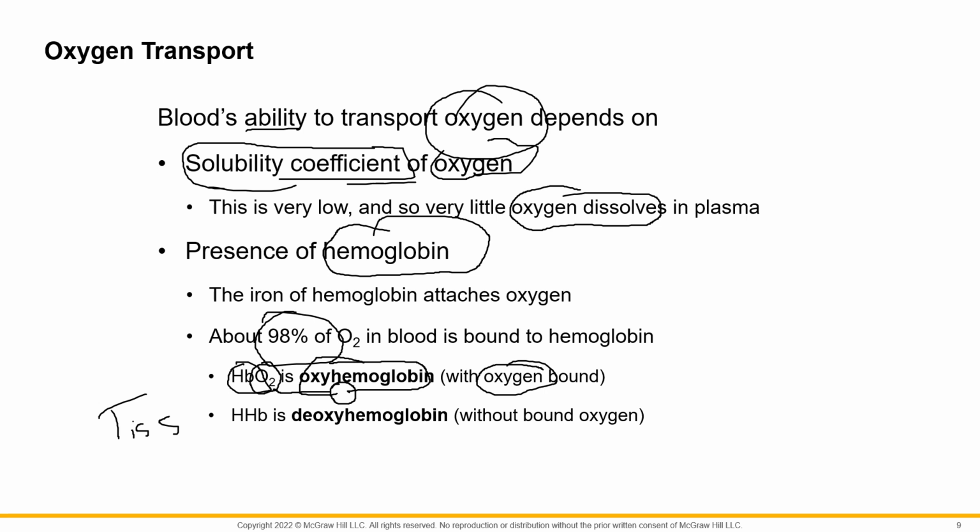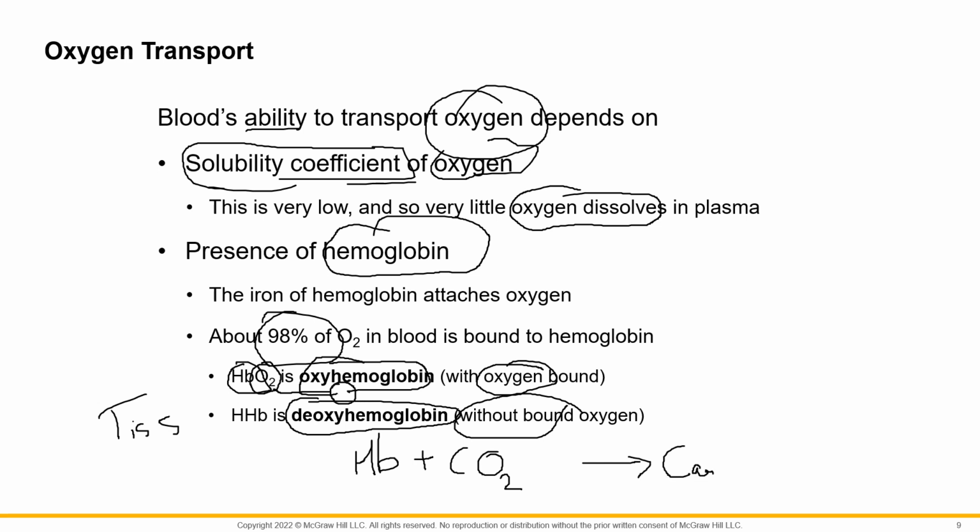When you reach the tissues, that oxygen is going to dissociate from the hemoglobin, and hemoglobin without that oxygen is basically called deoxyhemoglobin. Hemoglobin plus carbon dioxide is called carbaminohemoglobin.